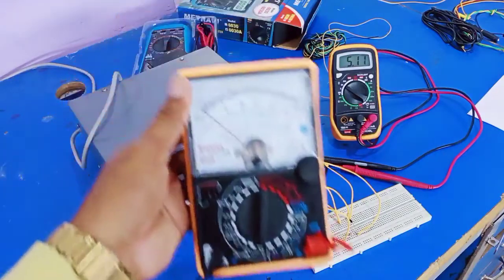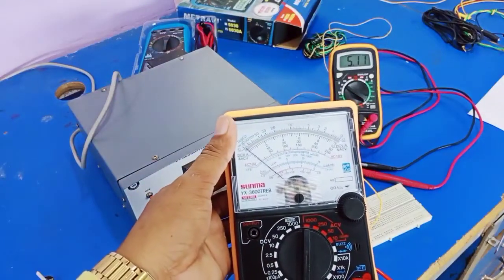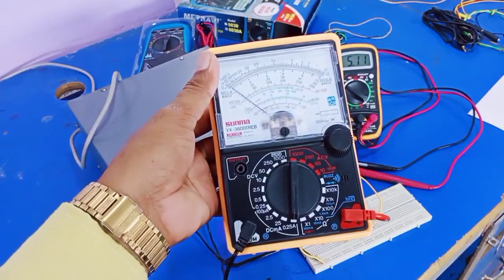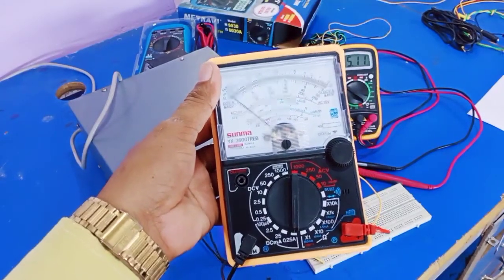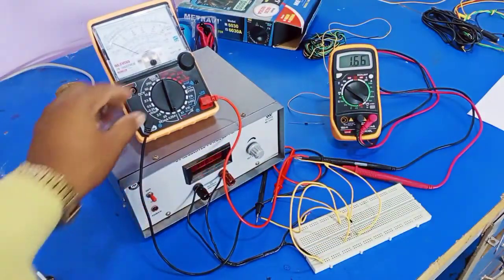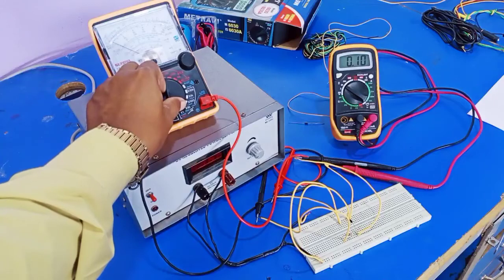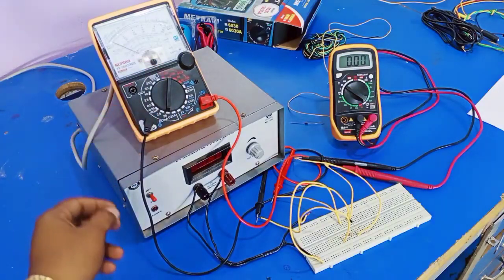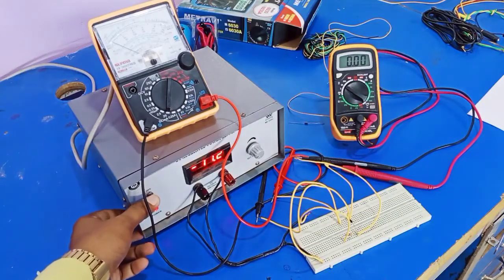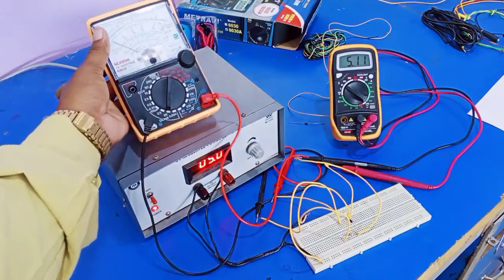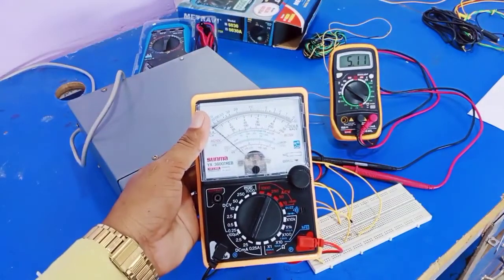You can see now the current is 0. At 5 volt the current is 0. Again I change the range to 25 milliampere. In this case the reading is also 0.